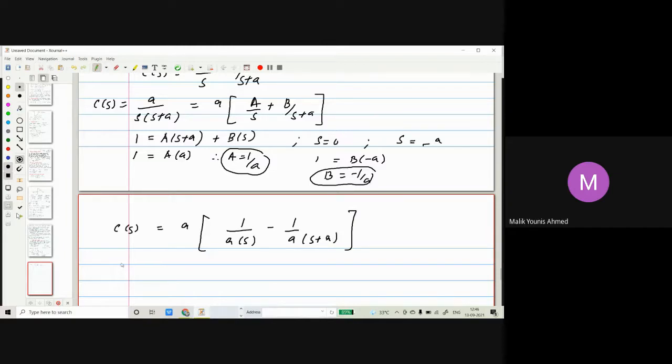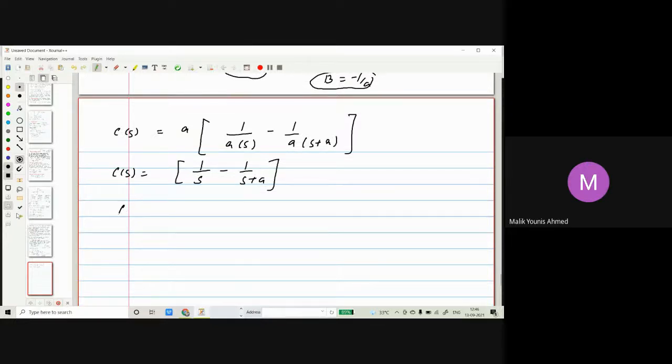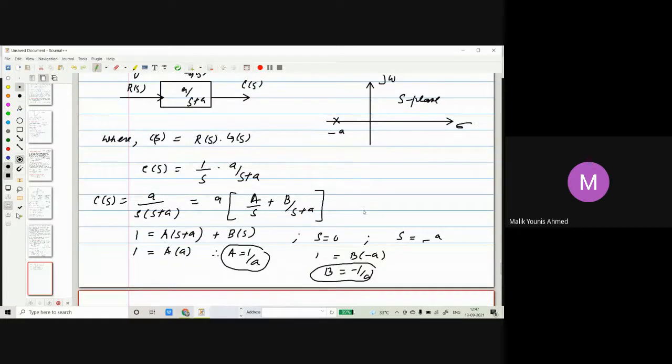A and a get cancelled, so C of S we can write as 1 by S minus 1 by S plus a. So if we take the inverse Laplace transform of this, C of t in time domain will be 1 minus e to the power minus at. So let's call it equation number 2. We had this, I think, equation number 1.